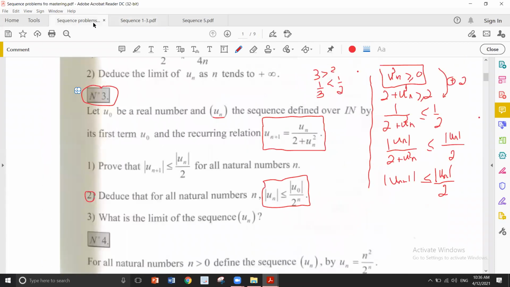Okay, the last step. What is the limit of the sequence un? How to calculate the limit of the sequence un?